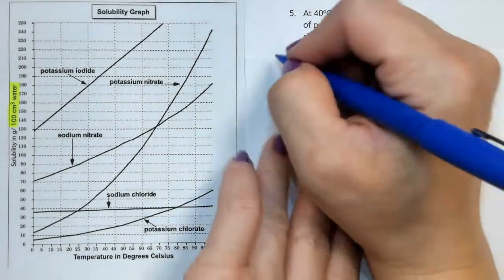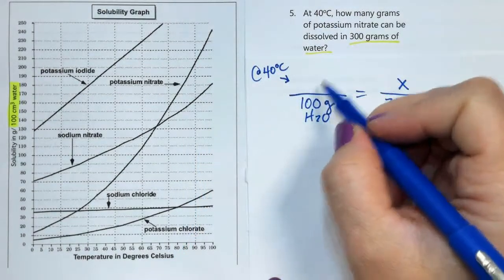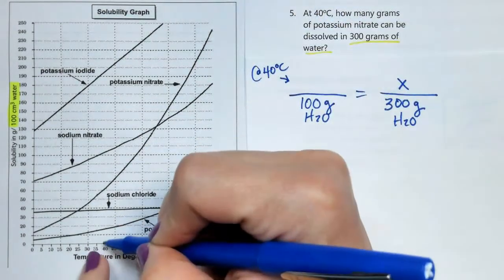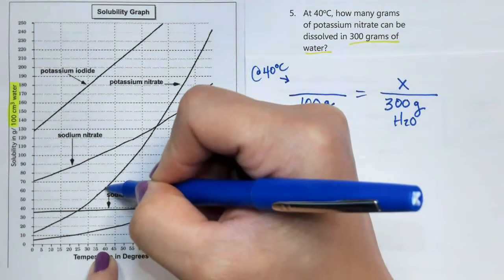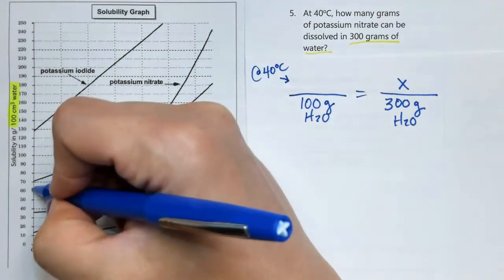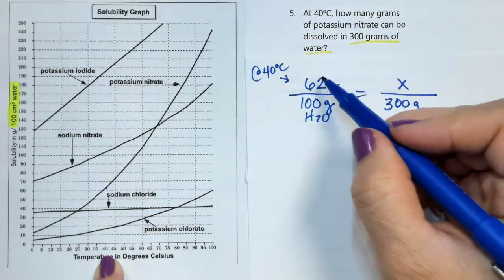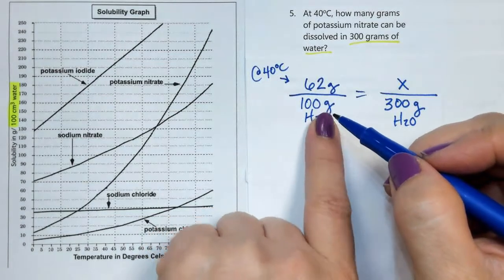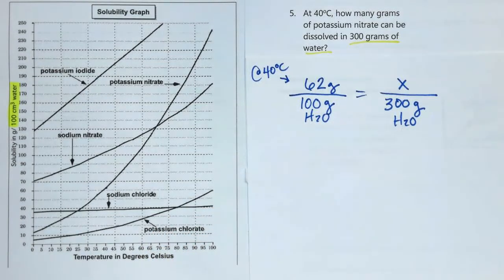So I'm going to go to 40 degrees Celsius, and I'm going to look up potassium nitrate. So 40 degrees, potassium nitrate is this curve, that's about right there. And then if I go to the left, it's approximately 62. So we'll just call it 62 grams would saturate 100 grams of water. And so then the question is, how much does it take to saturate 300 grams? And so this is a cross multiplication.